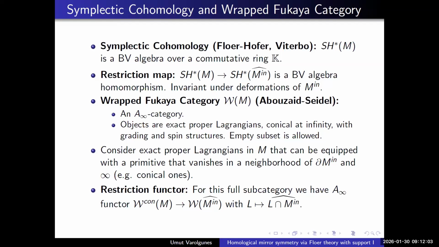I will still call that subcategory W conical, even though it's an abuse of notation, because this condition actually depends on M_in. You look very confused, but this was there from the beginning. It's in the original paper.